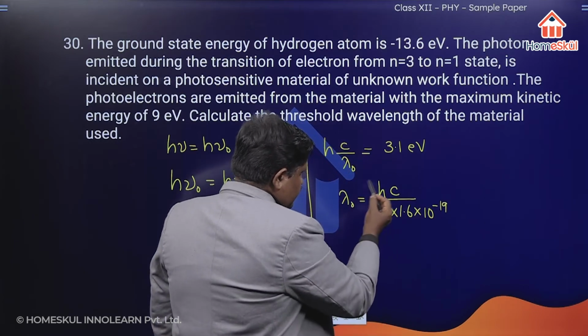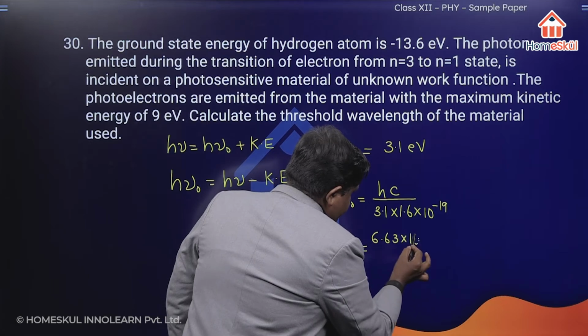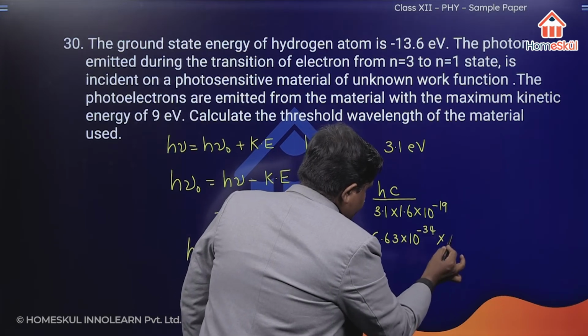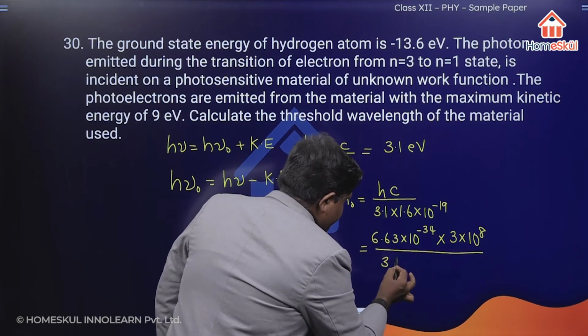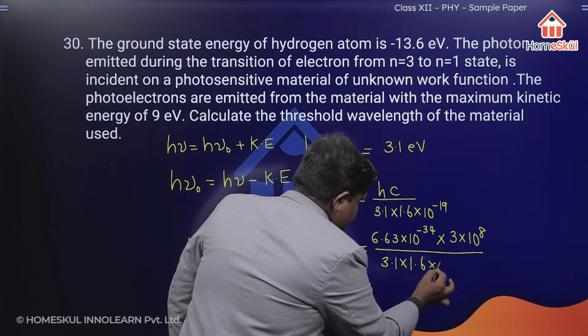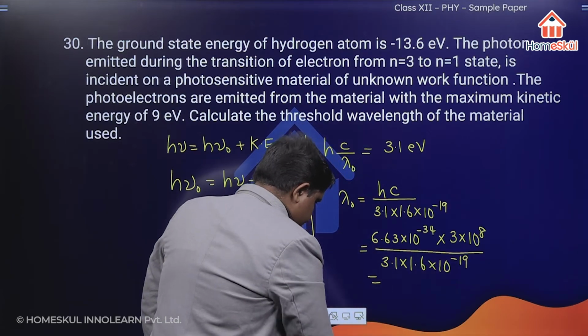That is equal to h value 6.63 into 10 raised to minus 34 into 3 into 10 raised to 8 divided by 3.1 into 1.6 into 10 raised to minus 19.